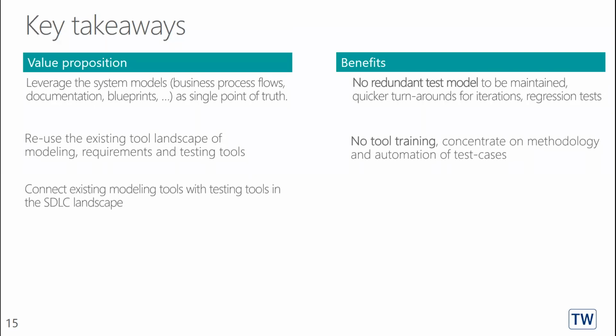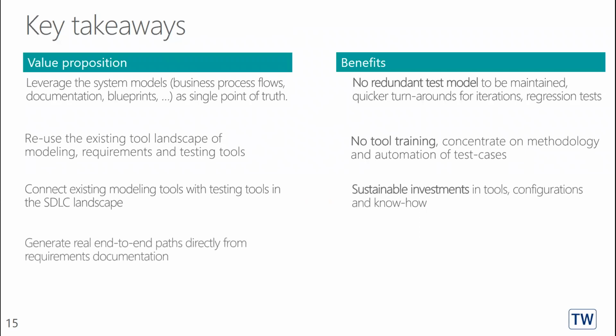We connect the existing tools, as you have seen, by pushing a button and transferring the information from the process documentation into the testing environment. And that's the benefit of having a sustainable investment in tools, configurations, implementations, and know-how of your teams.